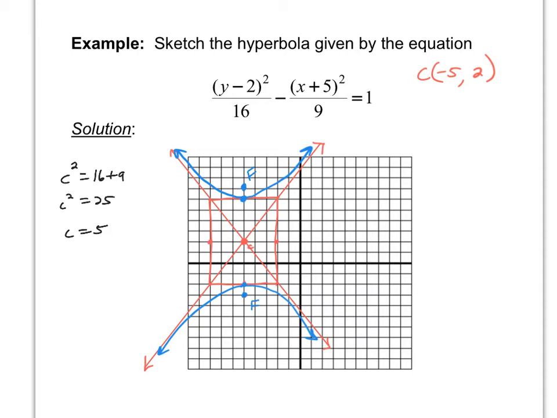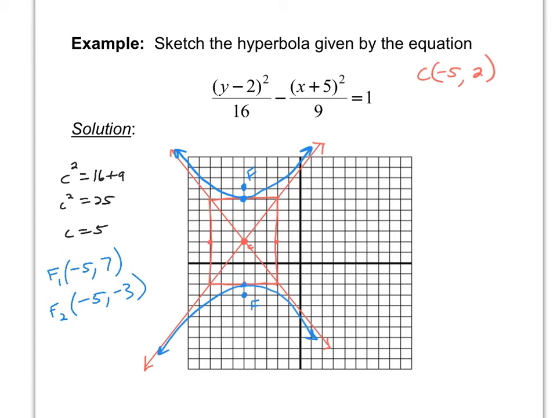If I need the actual coordinates for that, I can write that down. I've got, let's see, 1, 2, 3, 4, 5. I've got -5, 7, and -5, -3. That's for both of my foci. And my center is at -5, 2.